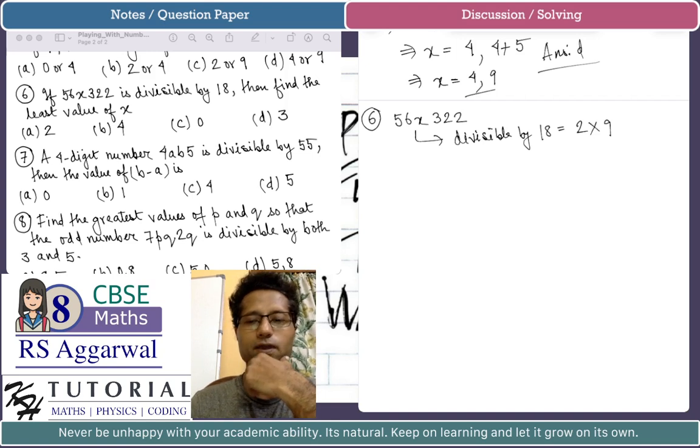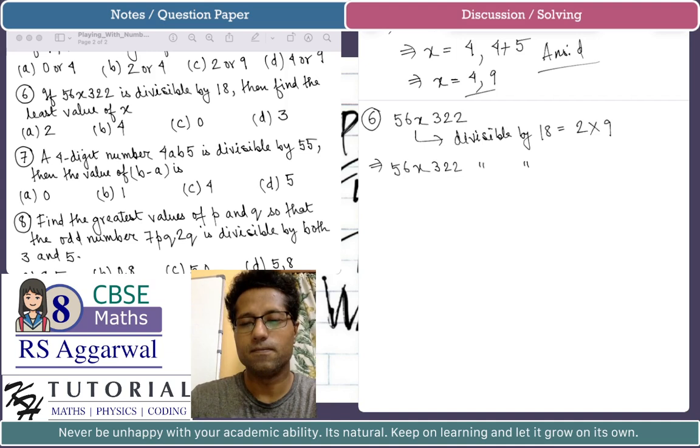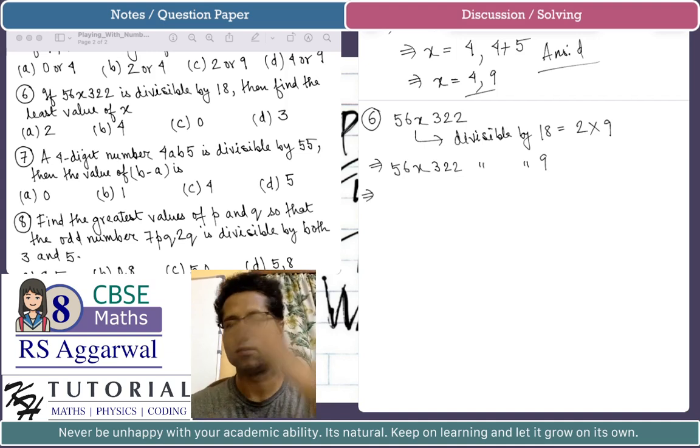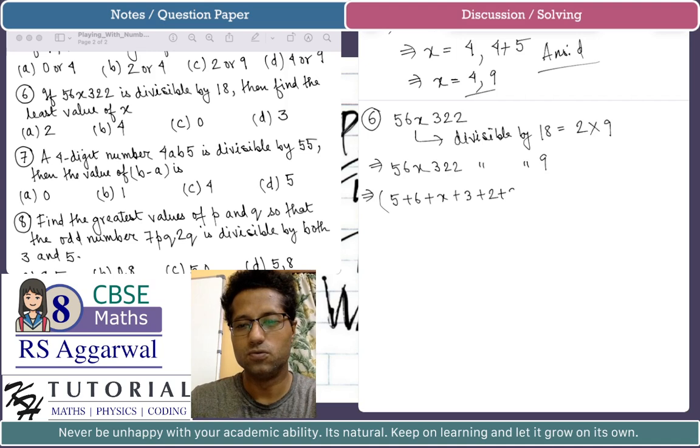So we have to find the value of x such that this given number is divisible by 9. Now this implies 56x322 is divisible by 9. Now we know that a number is divisible by 9 only when the sum of its digits is divisible by 9. So this means 5 plus 6 plus x plus 3 plus 2 plus 2 is divisible by 9.